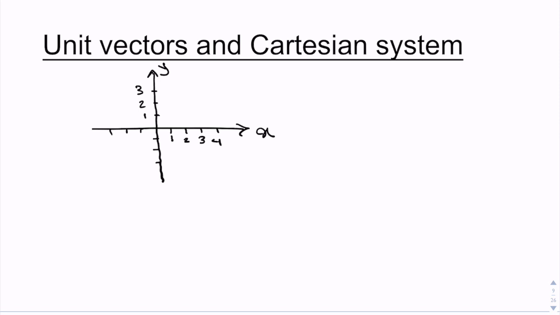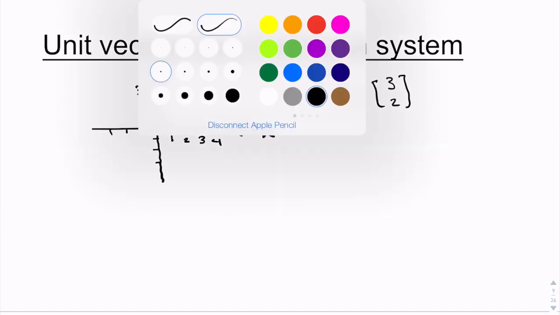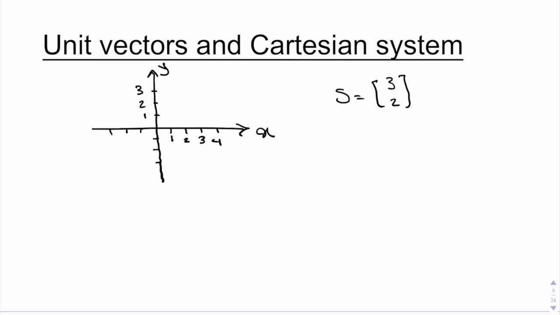If I define a vector, let's say vector S is a vector of 3 and 2, then I go 3 units on the x-axis and 2 units on the y-axis, and then I have my vector.